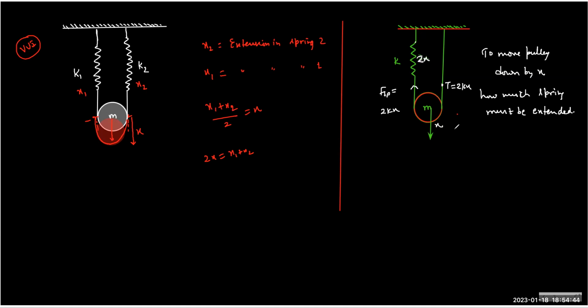So when you pull the pulley down by x, it will experience a force of 4kx upward. Understood? Yes. So if you include mg, the net force you can write as either 4kx minus mg equals mass into acceleration, or the other way around, depending on whether mg is bigger or 4kx is bigger.